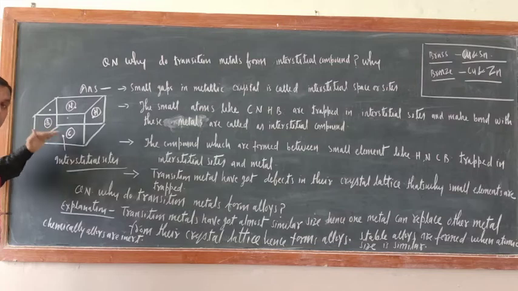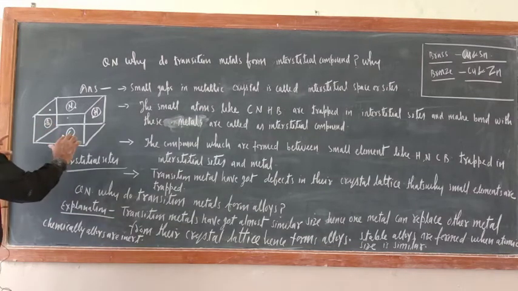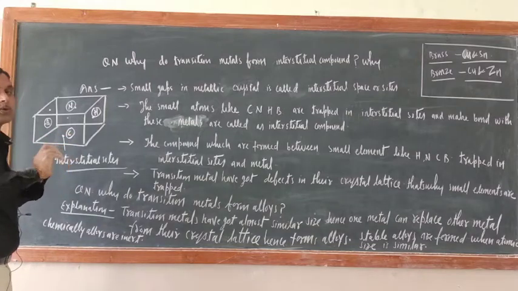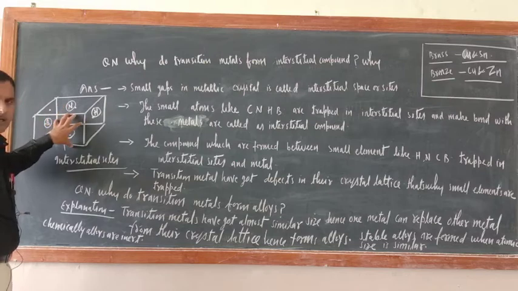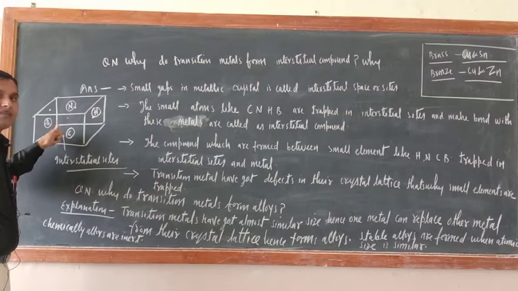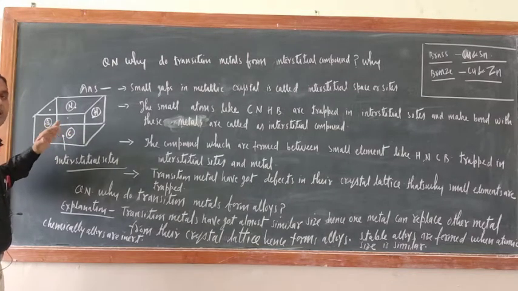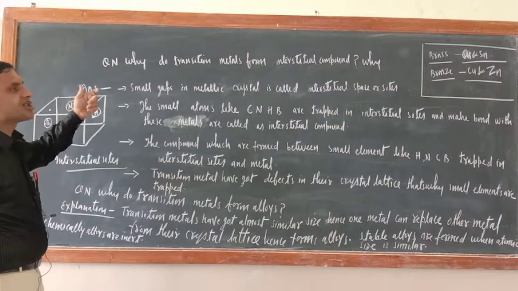These small elements will form temporary, meaning loose, bonds with the metal itself. This is the crystal lattice of one metal, and the small elements which are trapped in the interstitial sites or gaps make bonds with the metal itself. Such compounds are known as interstitial compounds.